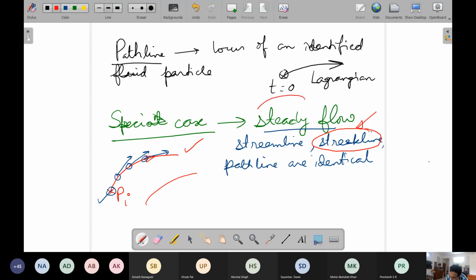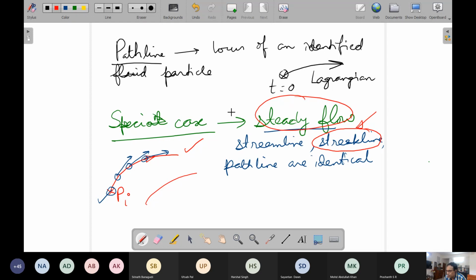But if the flow is a steady flow, and initially no flow is steady, but what we call a steady flow is a flow where it takes only a very short time for the flow to become steady or time independent, much shorter as compared to the overall time scale of the flow. For example, if the flow is taking place over 1 hour, maybe within 1 second the flow has become steady. From 0 to 1 second it would have been unsteady, doesn't matter.